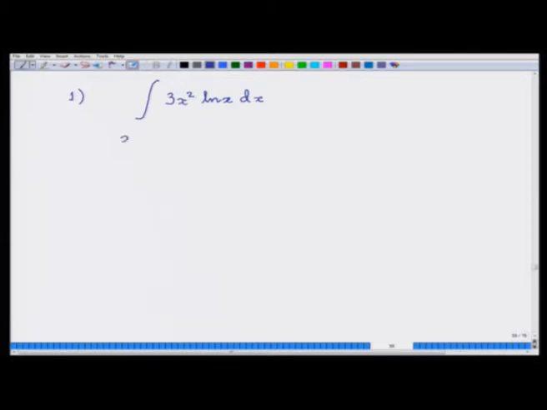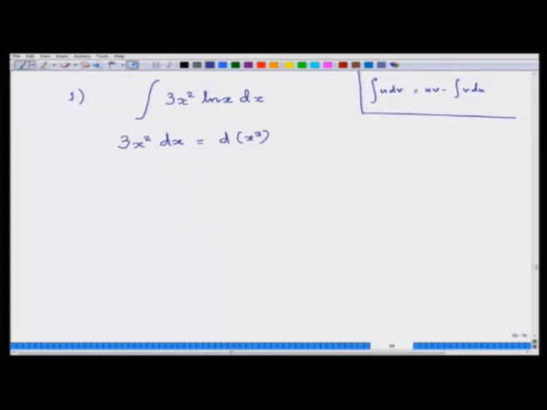Now, if you look at 3x square dx, 3x square is the derivative of the function y equal to x cube. So, the derivative of the function times dx is the differential of the function, it is d of x cube. So, if I go by my formula, which I am again keeping on the side in case you forget it, it is integral u dv is equal to uv minus integral v du.